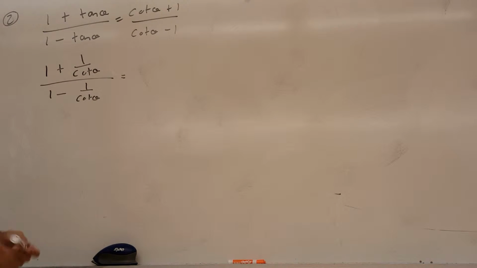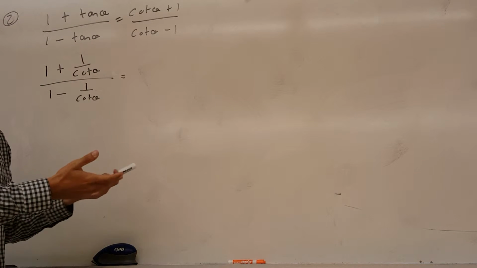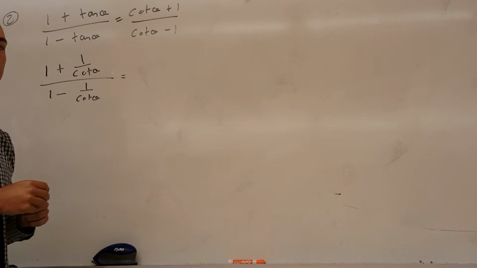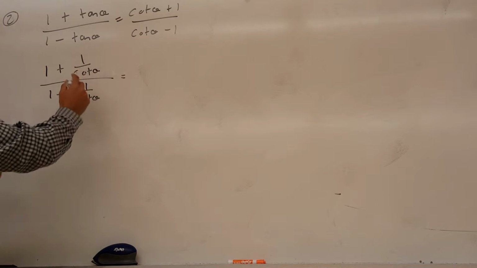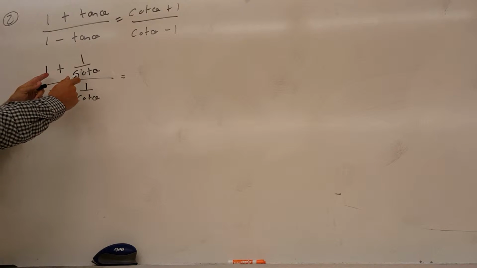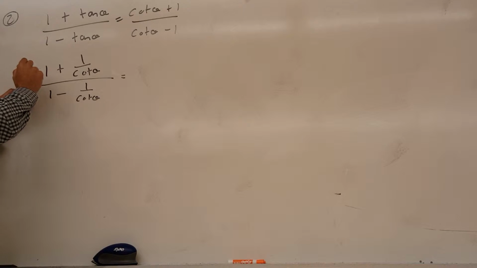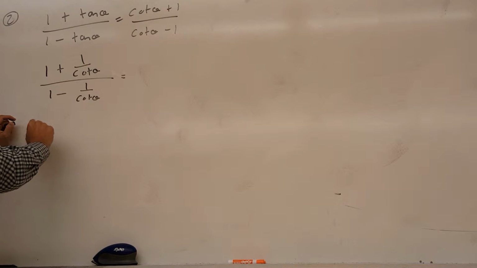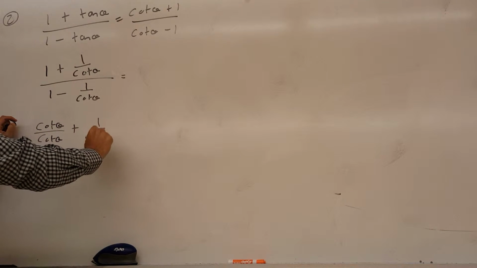Okay. I think it's a better strategy here, because if we changed everything to sine and cosine, at the end we're also going to need to get back to cotangent, so we'll just rewrite this side with cotangent. Both numerator and denominator here, I have separate terms. I want to write these as one fraction. So 1 here, you multiply by cotangent over cotangent. So cotangent theta over cotangent theta plus 1 over cotangent theta.